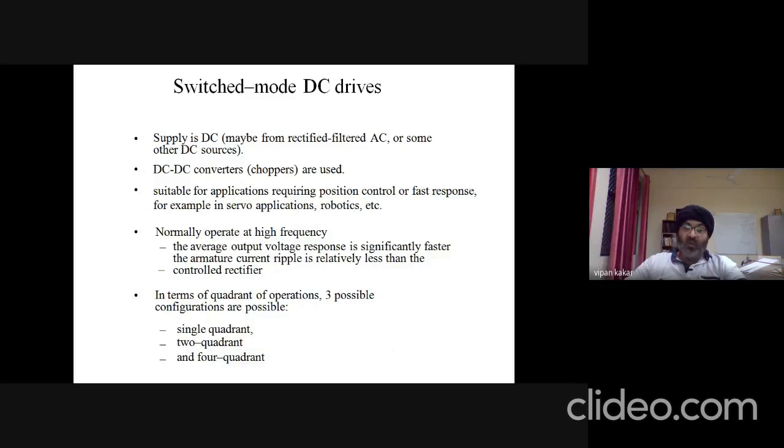And we know that in DC to DC converters, the switches can operate at very high frequencies, kilohertz to megahertz. So the average output voltage response is significantly faster. The armature current ripple is then comparatively less compared to the controlled rectifier, as we have already seen.